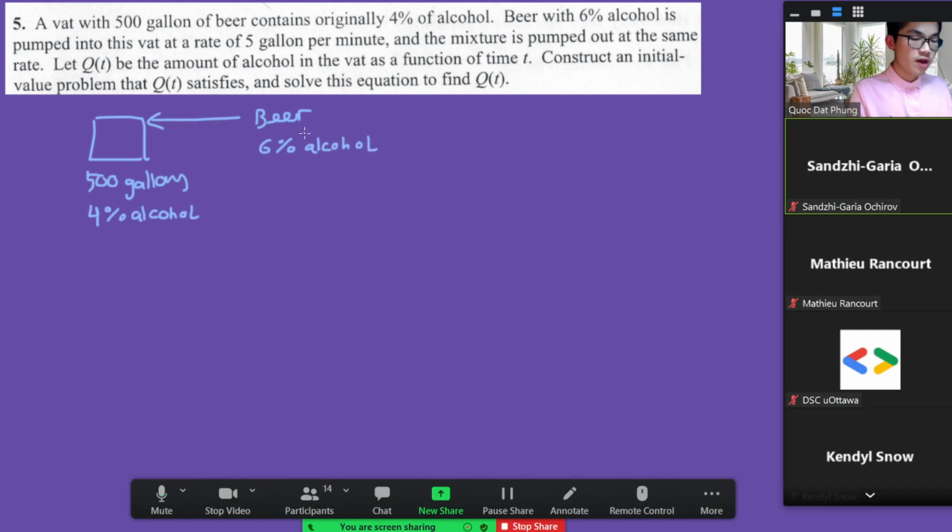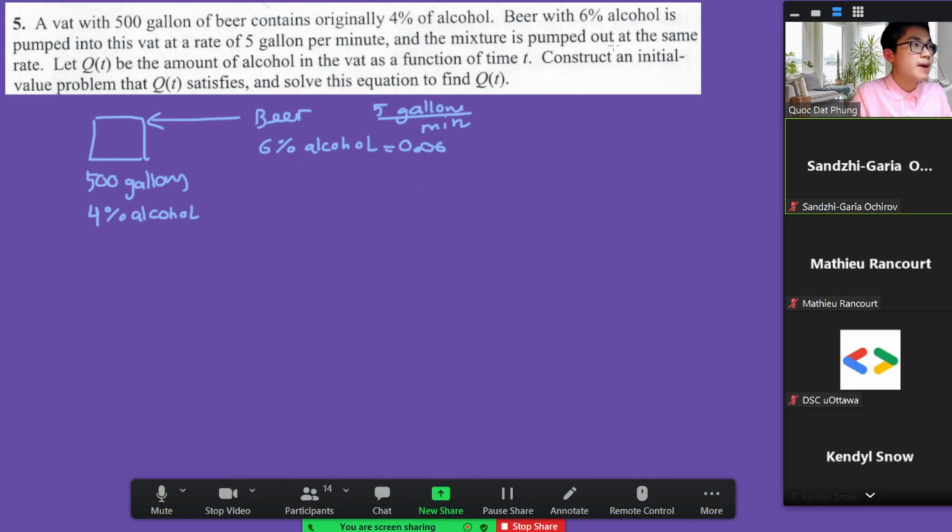And instead of writing 6%, I really recommend that you write this as 0.06 because you make fewer mistakes if you write it in decimal form. And we know that they pump it in at 5 gallons per minute.